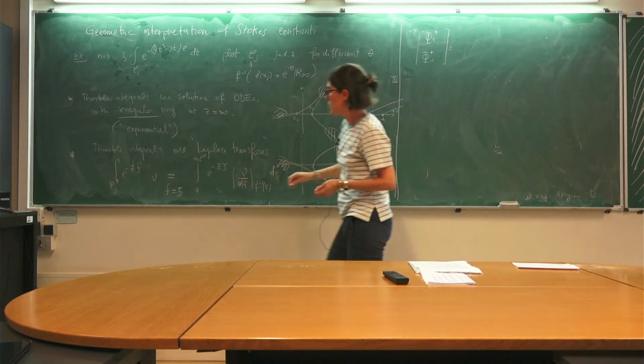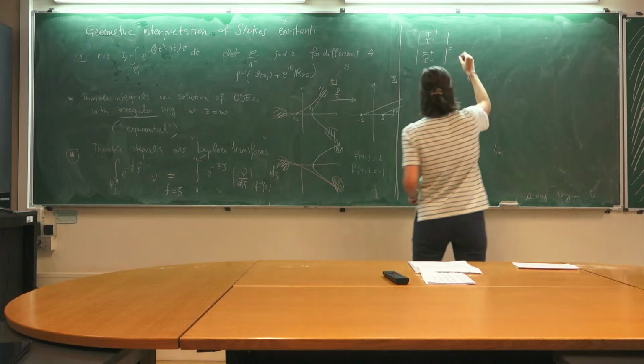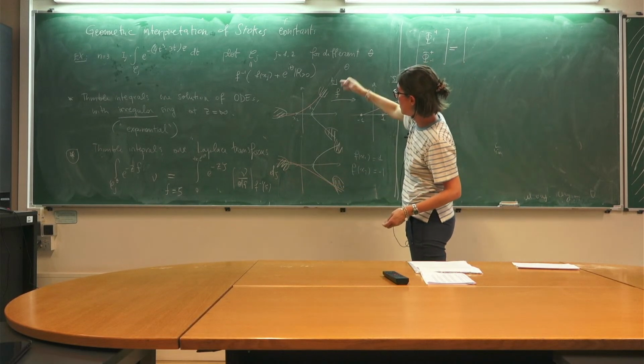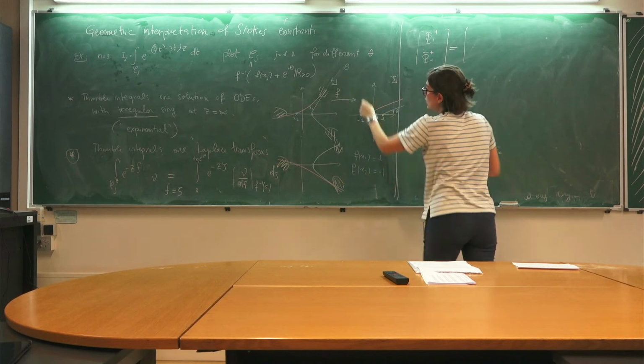Let me just use this property here, in the sense that I can imagine these as my two contour integrals, in the first, as my two integrals according to theta plus.